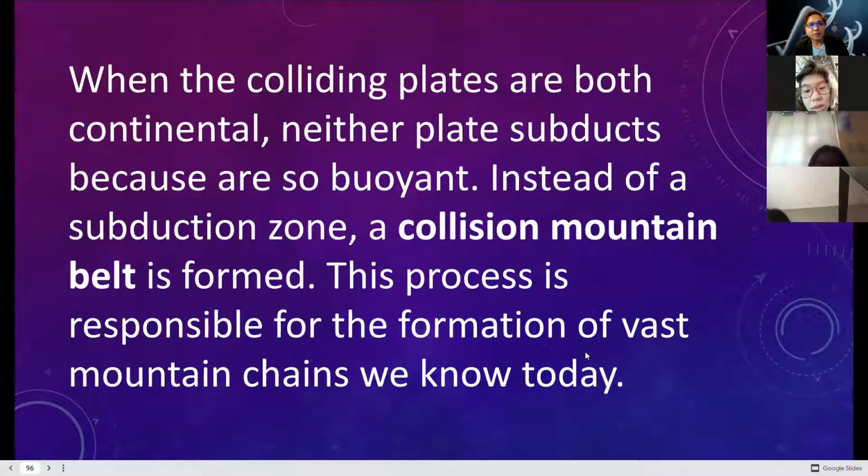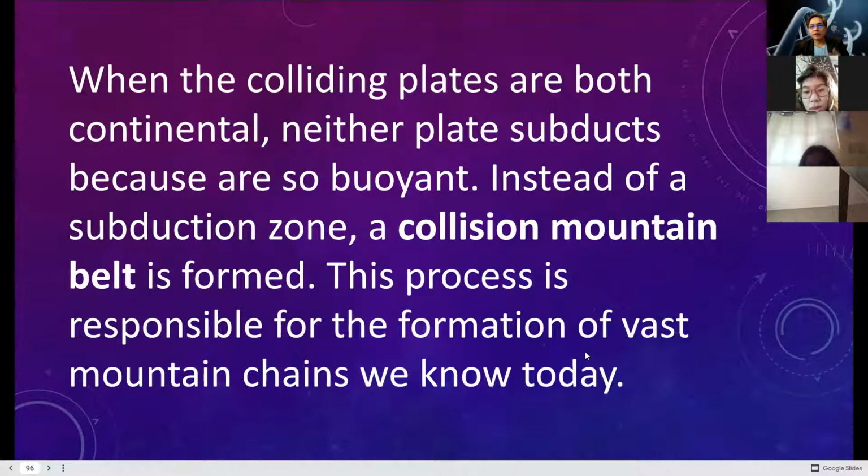Instead of a subduction zone, a collision mountain belt is formed. Because they're so buoyant, the two plates cannot actually subduct. Instead of having a subduction zone, they have collision mountain belts.